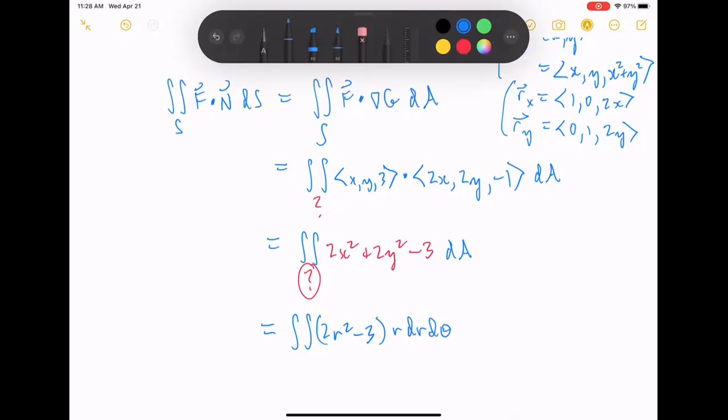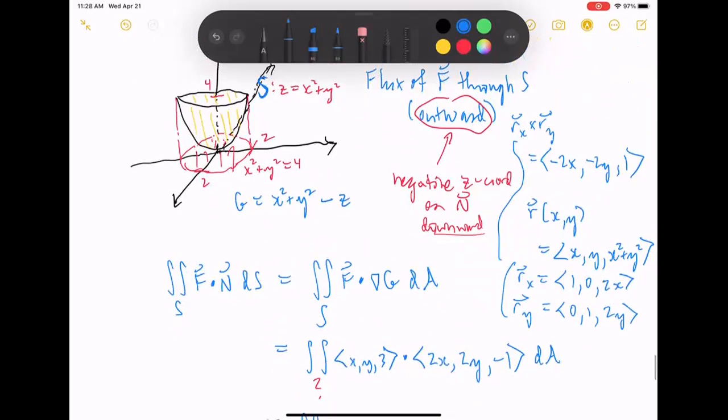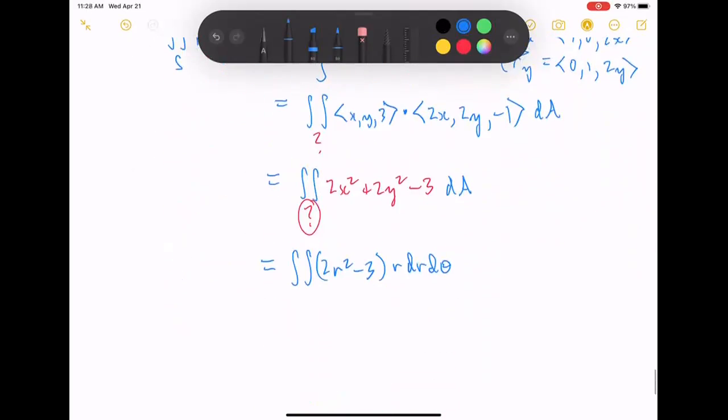And if I want to get the whole surface, I have to go throughout that whole shadow down on the xy plane, which means theta itself goes from where to where? 0 to 2 pi. And as that happens, what does r go between? 0 and 2.